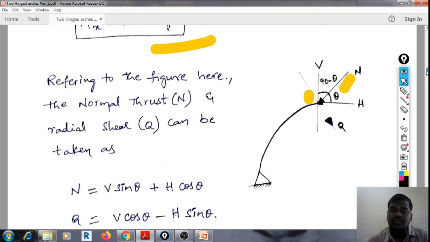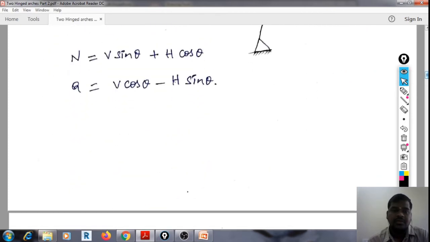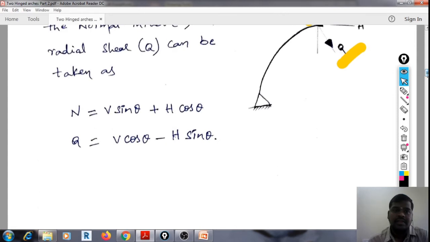Apart from the reactions at the supports, we have two more reactions for an arch, that is N, normal thrust, and Q, radial shear. Those are already given by the formula. N is equal to V sin theta plus H cos theta, and Q is equal to V cos theta minus H sin theta. These are the same formulas which are studied in structural analysis 1.